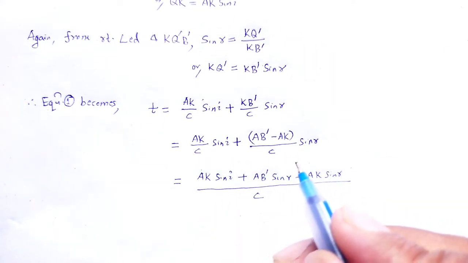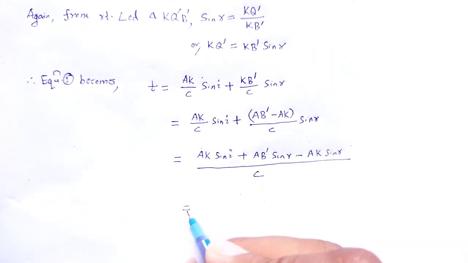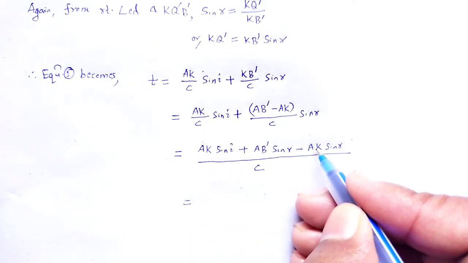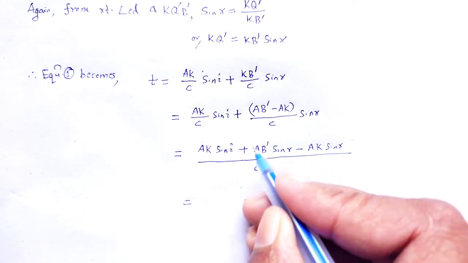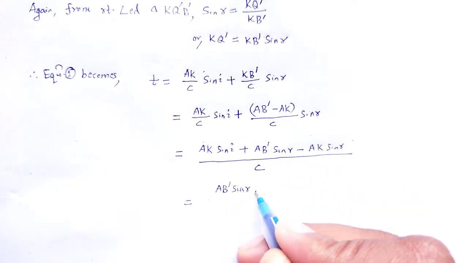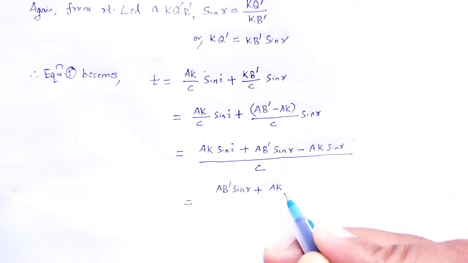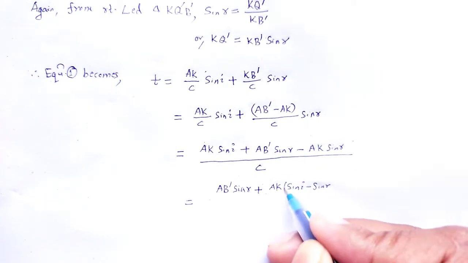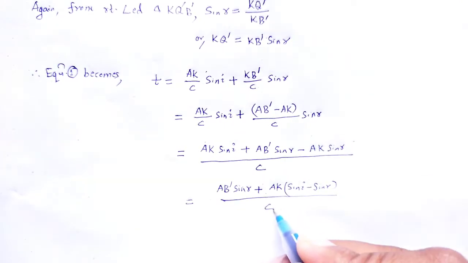Here AK is common, so we have A'B' sin R plus AK common, sin I minus sin R, divided by c.